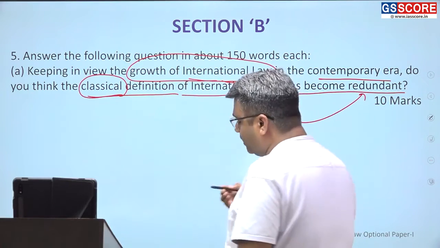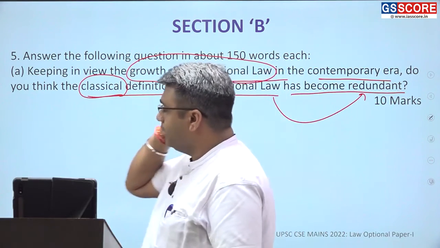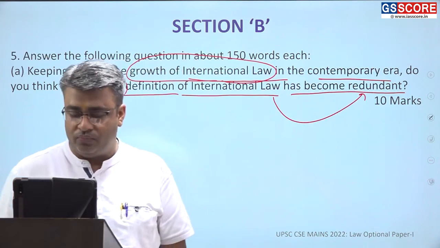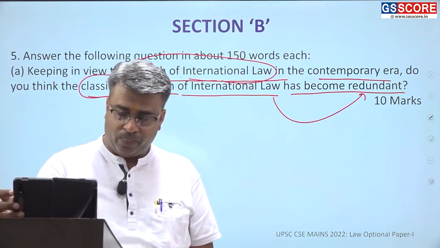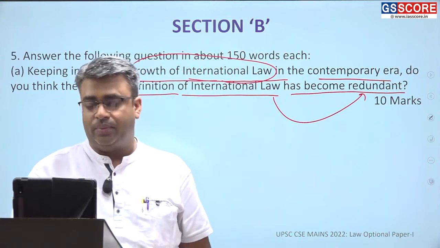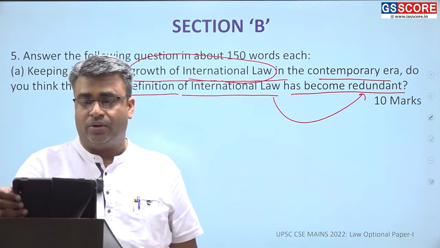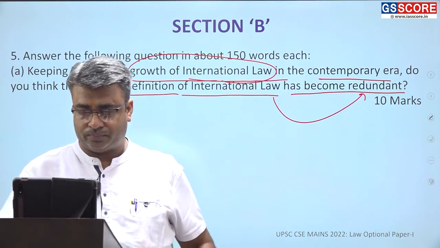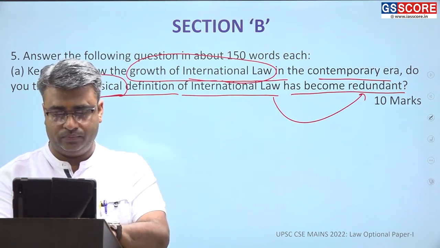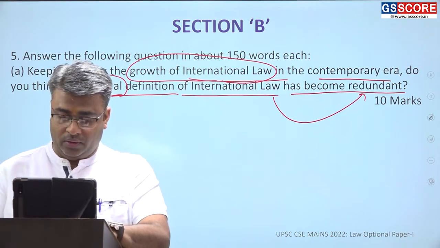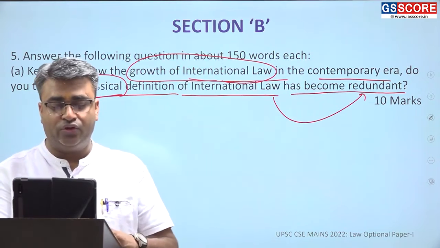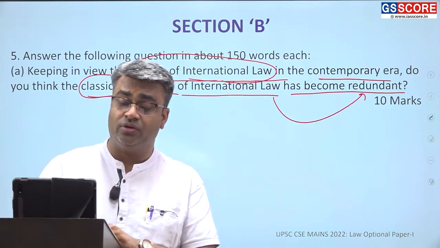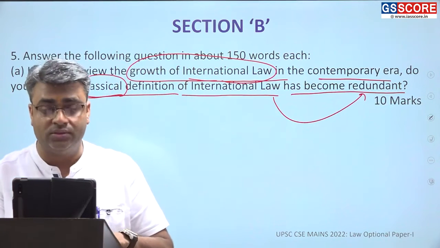Because ultimately, in the classical period, the definitions were given by a few persons. I just quote a few of the definitions, and then you can conclude whether these definitions are really applicable in the current scenario or not.